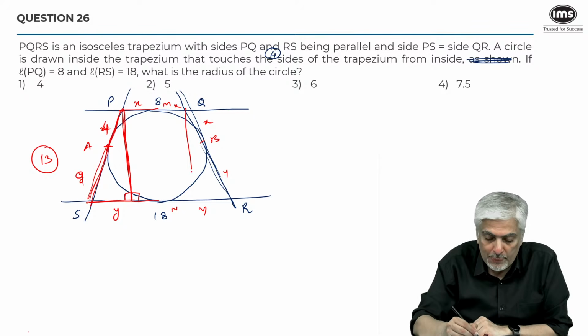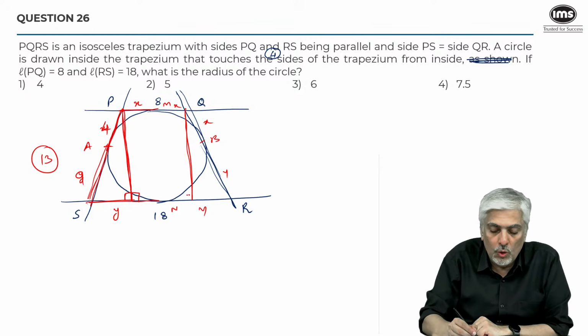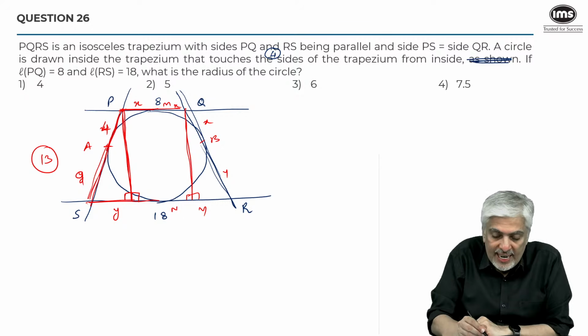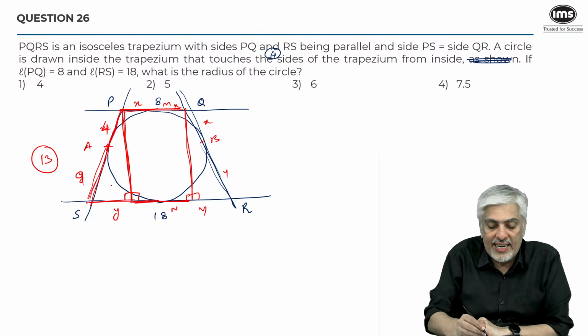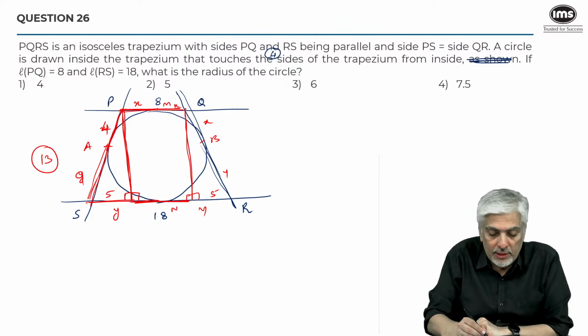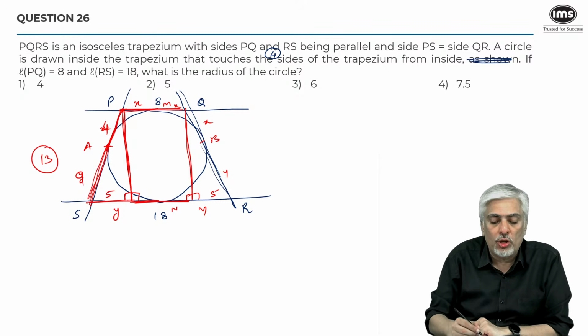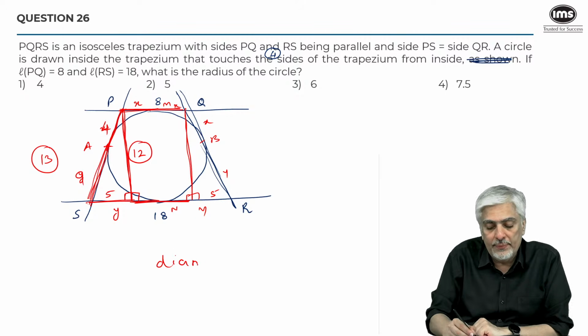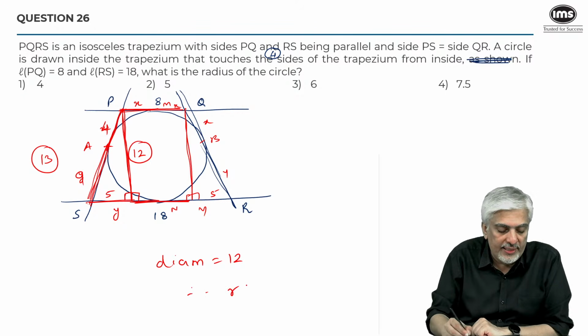And if I drop one more perpendicular from here, what will I get? PQ is 8, so this will also be 8. 18 minus 8 is 10. So this will be 5 and this will also be 5. That's not the value of y, remember. So this small part will also be 5. Using 5 and 13, Pythagoras theorem, you will get 12 as the height. So diameter is 12 and therefore radius is 6.